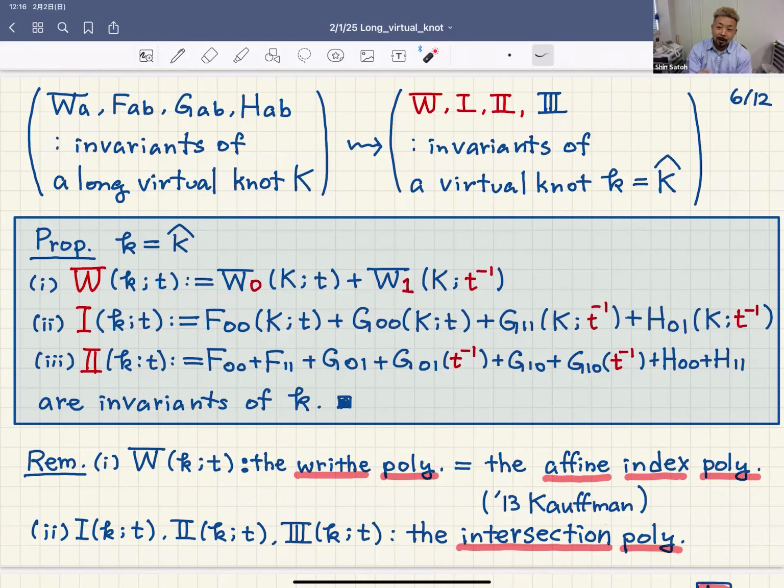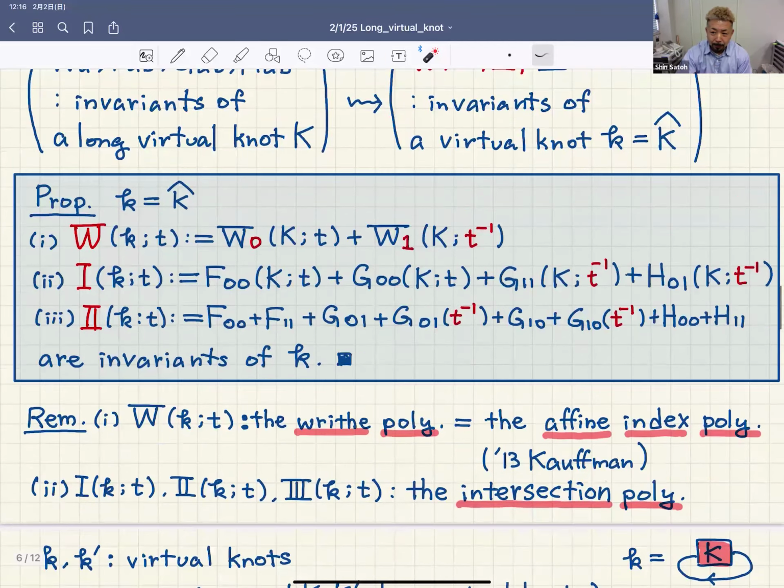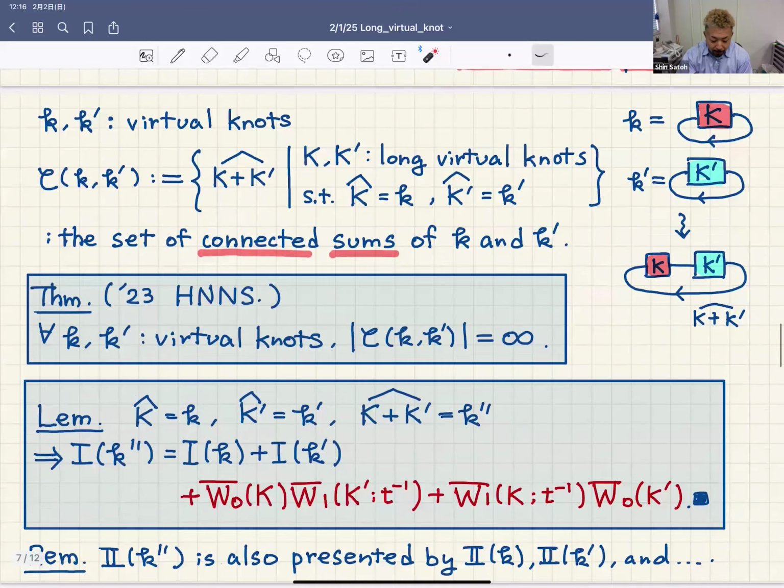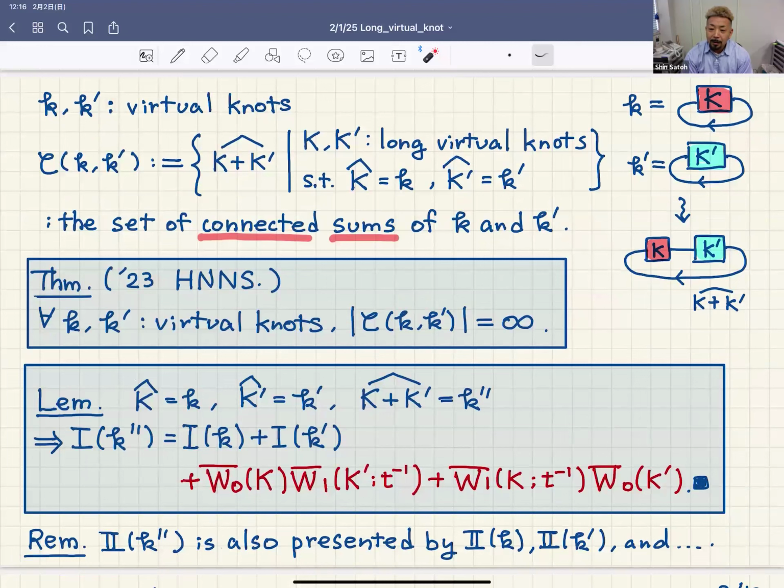It is known that, unlike the classical case, the connected sum of a pair of virtual knots is not determined uniquely. To give a precise definition of a connected sum of virtual knots K and K prime, we first take long virtual knots whose closures are K and K prime, and then take the closure of the sum of these long virtual knots, like this.